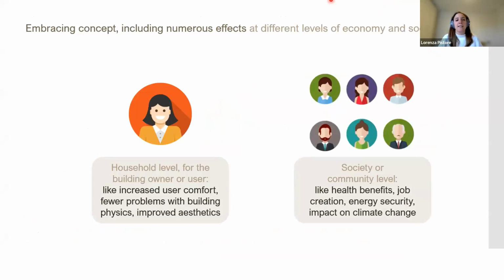These indirect effects can target different levels of economy and society. So, for example, for the household level, for the building owner or the user, we are talking about increased user comfort, fewer problems with the building physics, or maybe an improved aesthetics of the building. And for the society and community level, we mean health benefits, job creation, energy security, impact on climate change.